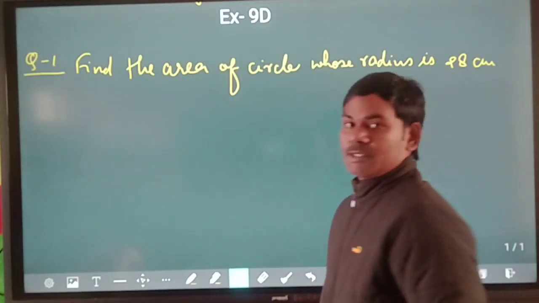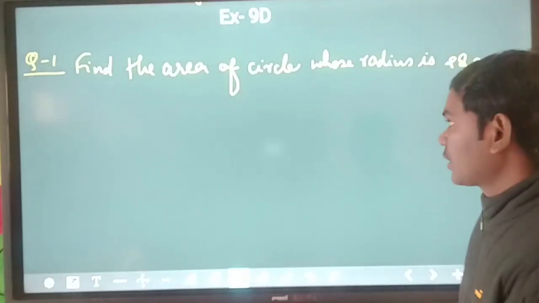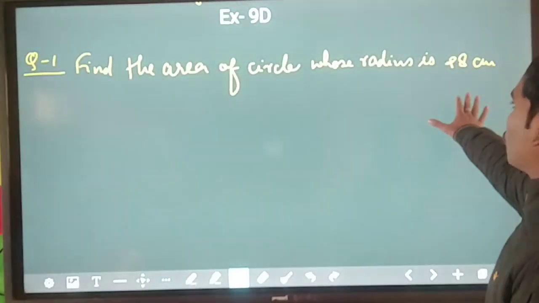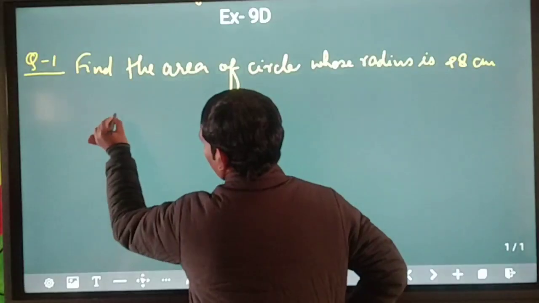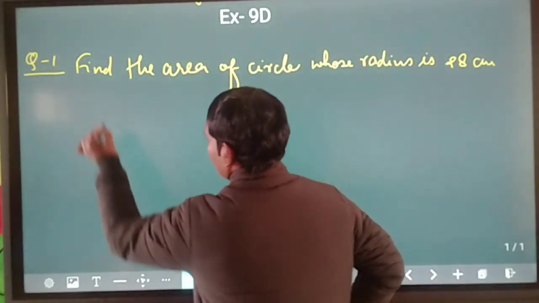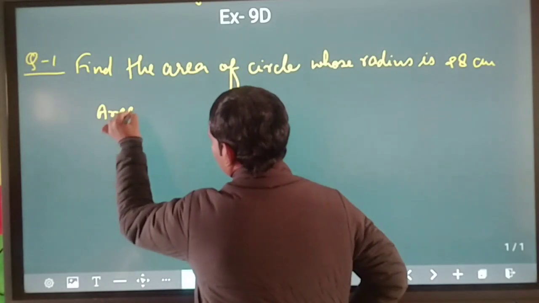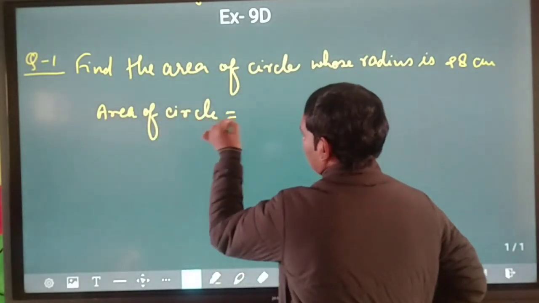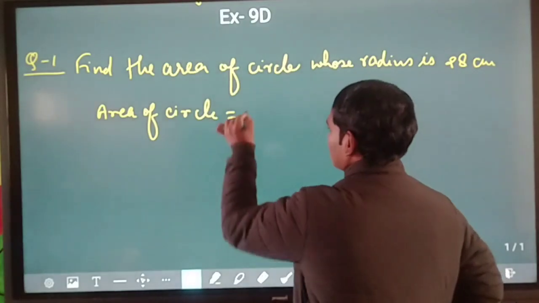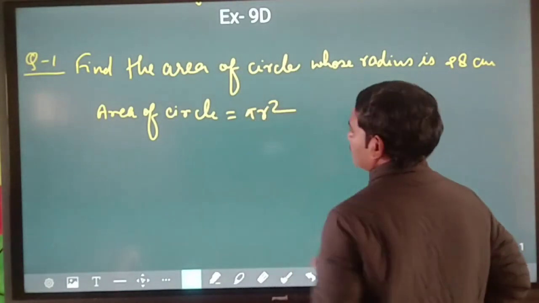We have to find the area of circle whose radius is 28 centimeter. Let's see what the formula is. So here we write area of circle is equal to pi r square.